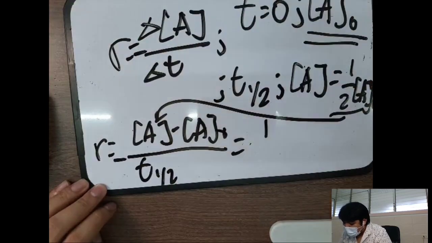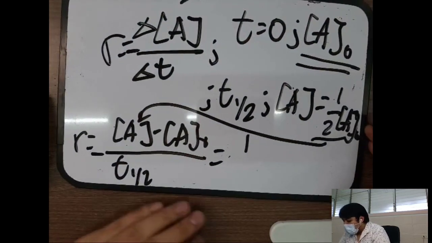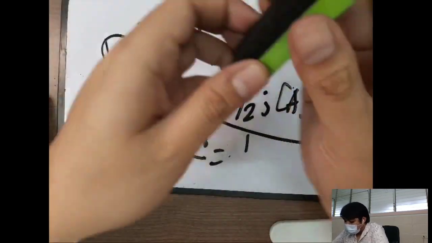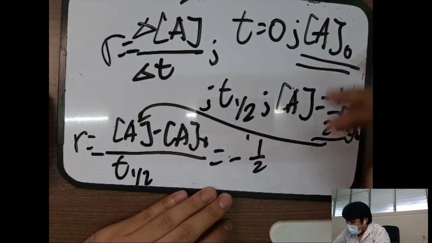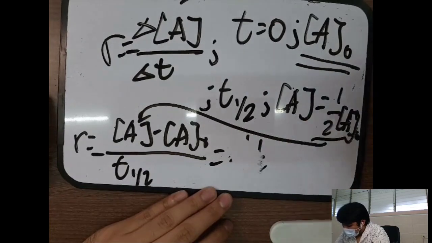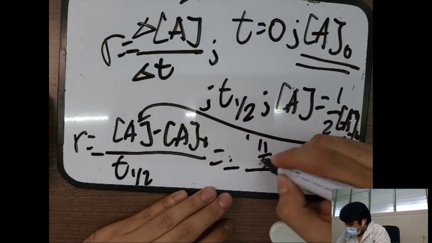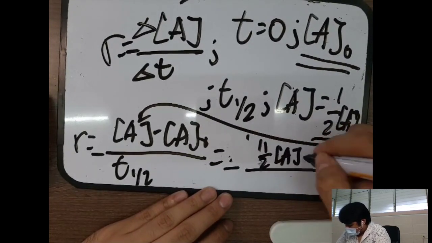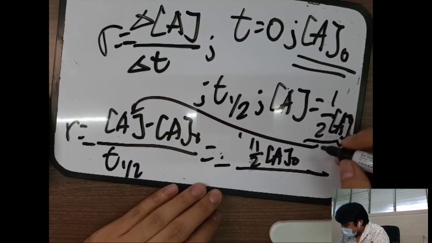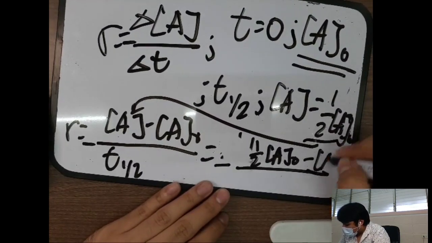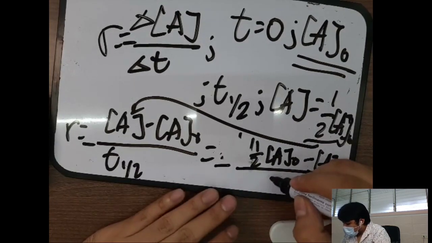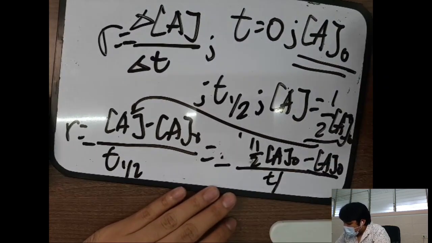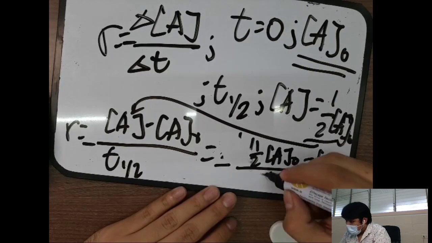We have a negative sign here since this is disappearance. So it's negative, 1/2 of A null, our initial concentration, minus the initial concentration, divided by T 1/2.